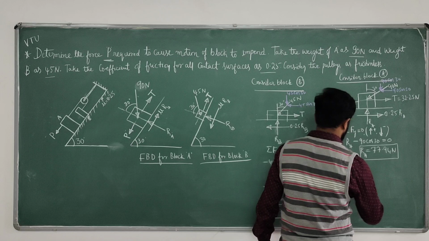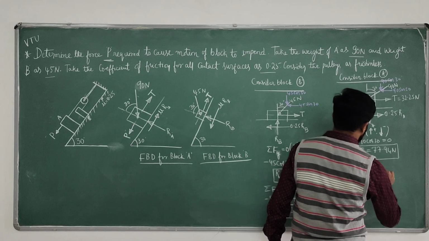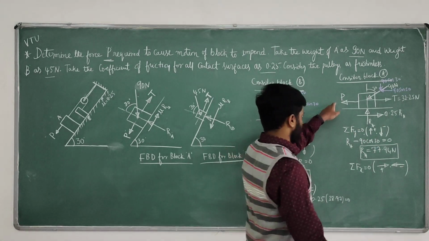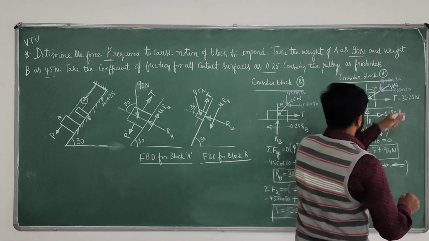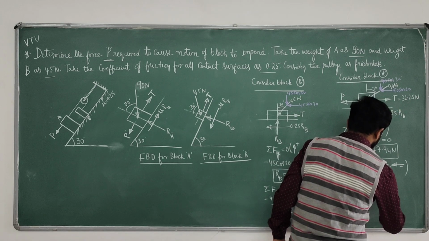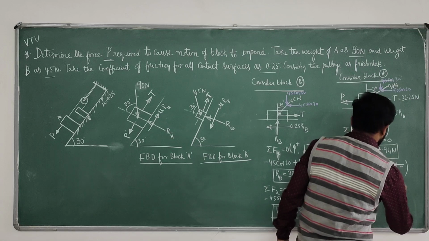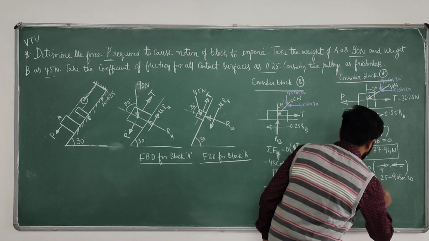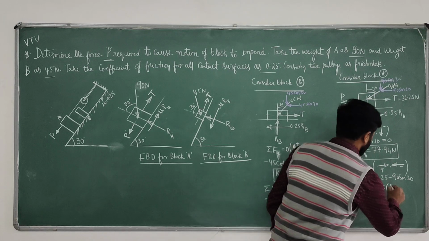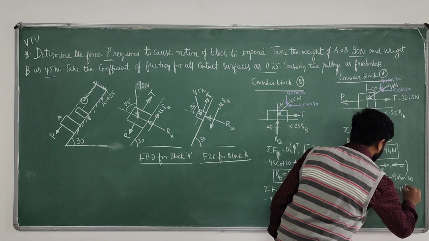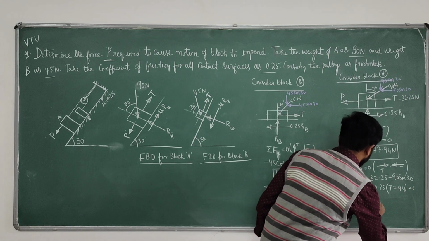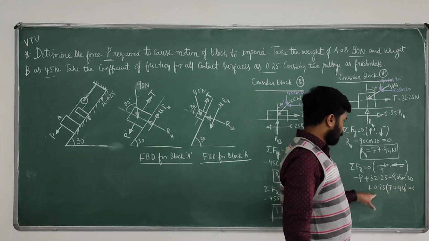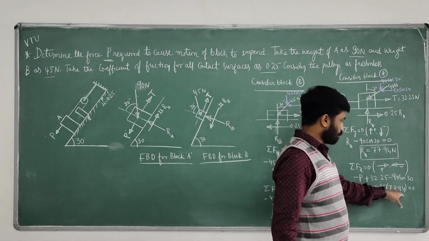Now apply sigma Fx equals 0. For all horizontal forces, right side positive, left side negative. Therefore minus P plus 32.25 minus 90 sin 30 plus 0.25 times of RA. RA value is 77.94 equals 0. So compute the value of P. P equals 32.25 minus 90 sin 30 plus 0.25 times of 77.94.